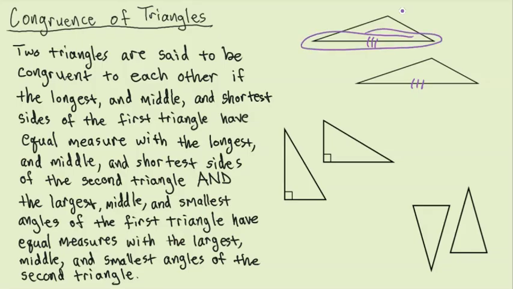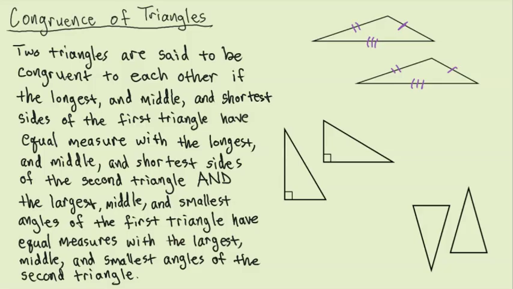That means that the longest side here is congruent to the longest side here. And the middle side, I'll put 2 slashes on there. If the middle side on this one is congruent to the middle side on this one, and the smallest side on this one is congruent to the smallest side on this one, okay?